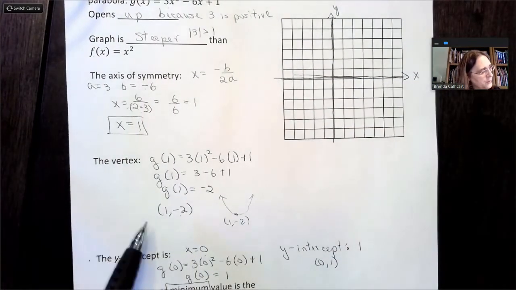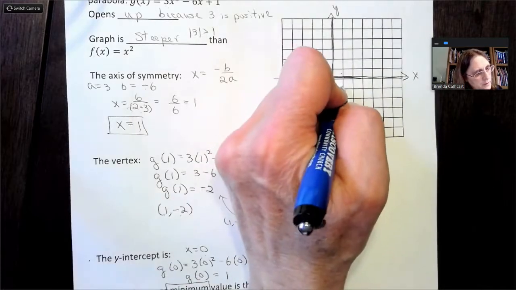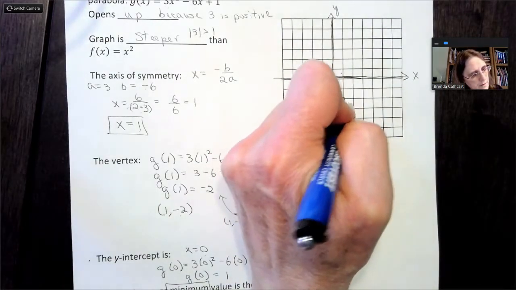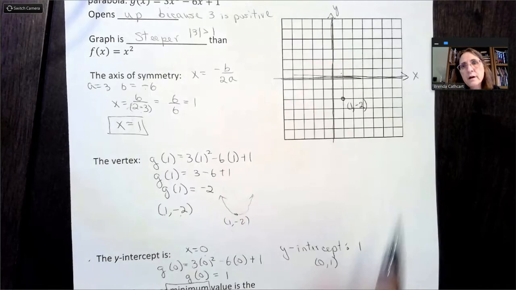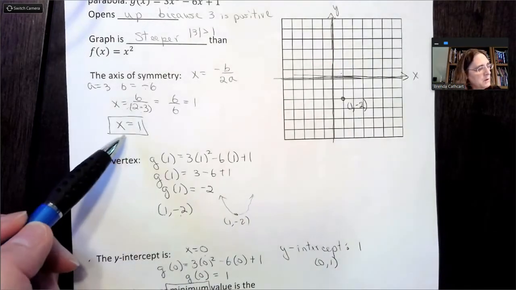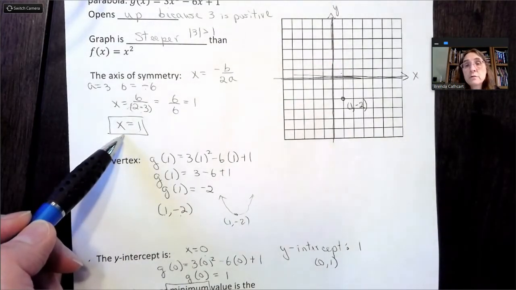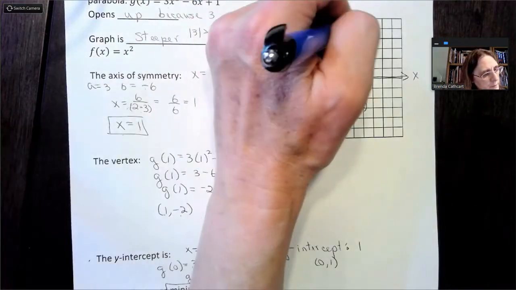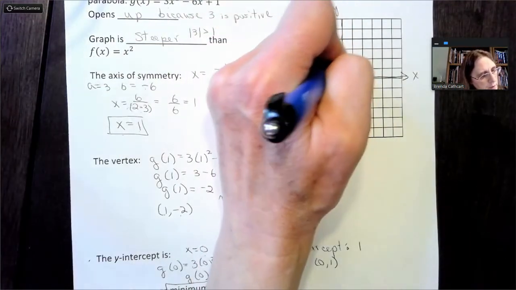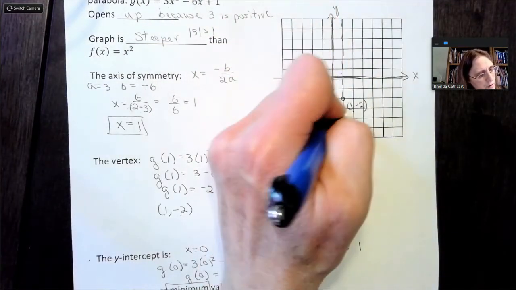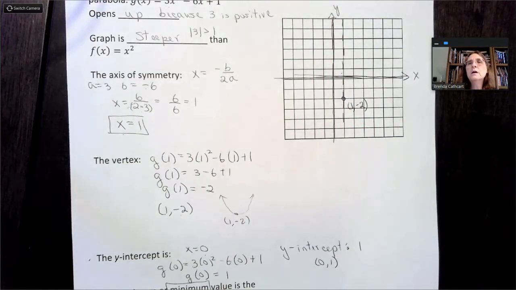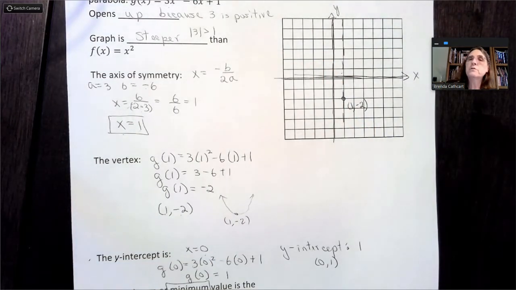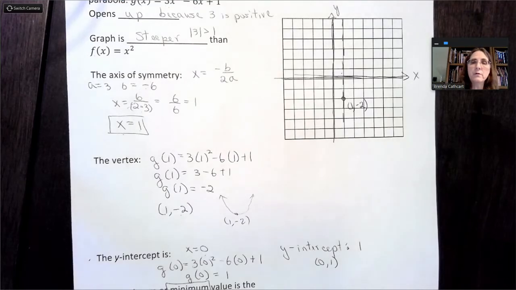So we're going to graph our vertex, which is at (1, negative 2). So here's our ordered pair for our vertex. We're going to dot in our line of symmetry, our axis of symmetry. It's not actually part of the graph. It is a feature of the graph, and it helps us to be able to find points on the graph.